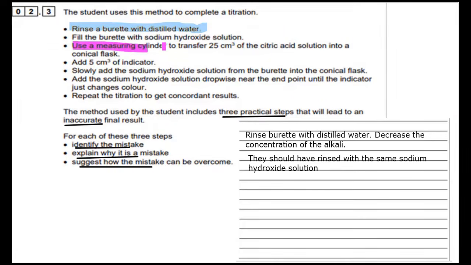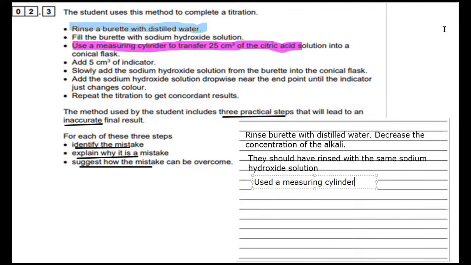Use a measuring cylinder to transfer 25 centimeter cubed of the citric acid solution to the conical flask. Right, what should they have used instead of a measuring cylinder? So, they used a measuring cylinder. Now, that's not the most inaccurate way to measure out a volume, but it's not the best. It's not the most accurate.